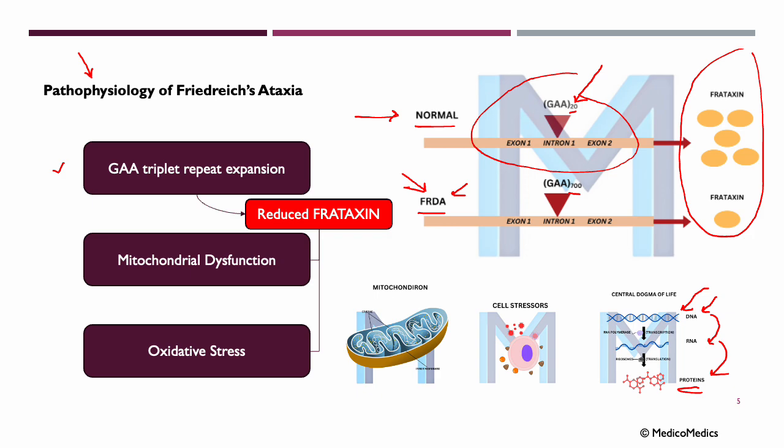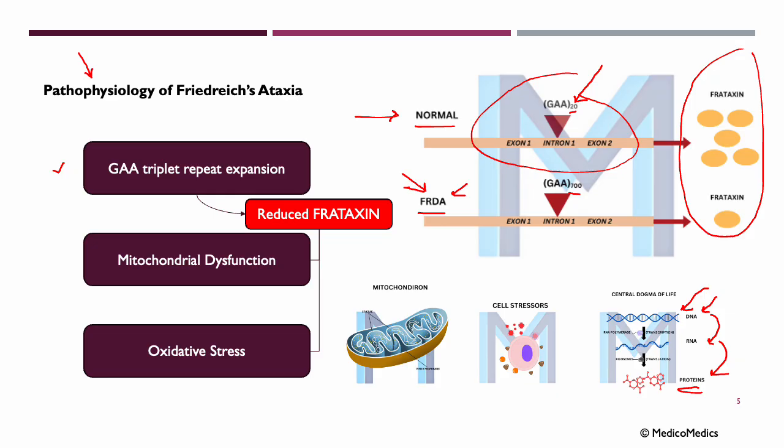So what happens is that we have a formation of heterochromatin, meaning that the expanded GAA repeat disrupts chromatin structure, making the FXN gene more compact and less accessible for transcription.